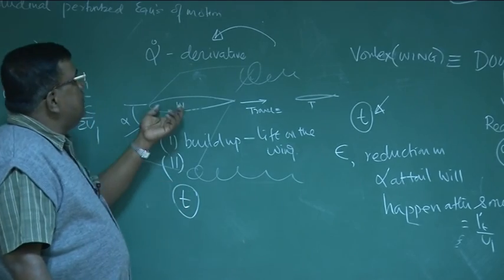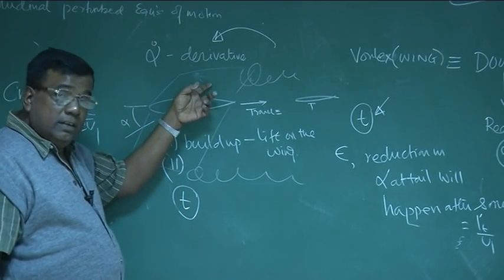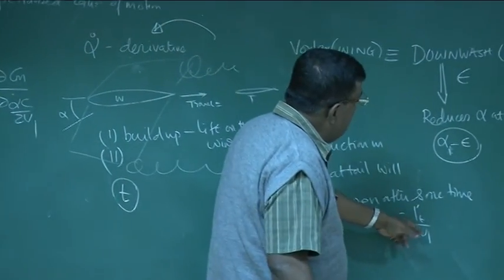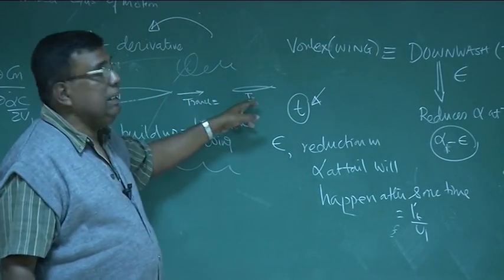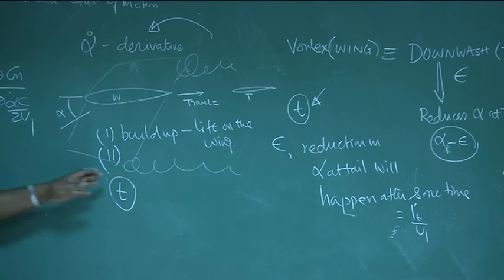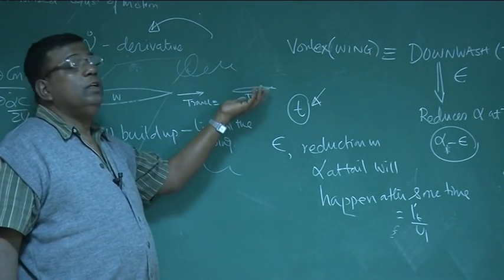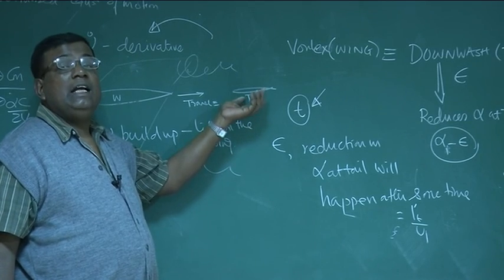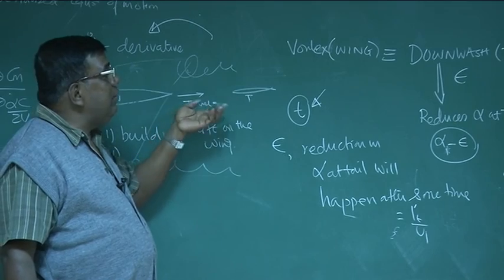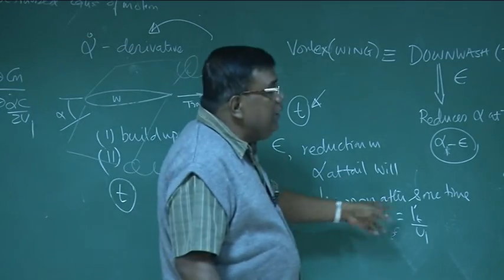So at time t, the vortices will be generated, but it will take around LT prime by U1 time to reach the tail to give any downwash, correct? That means at time t the downwash effect is not seen by the tail, so the tail has more angle of attack, because the tail will see the reduced angle of attack only after time LT by U1.